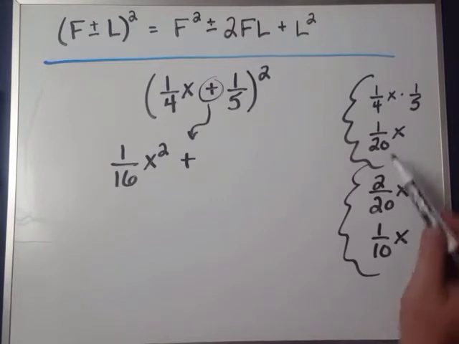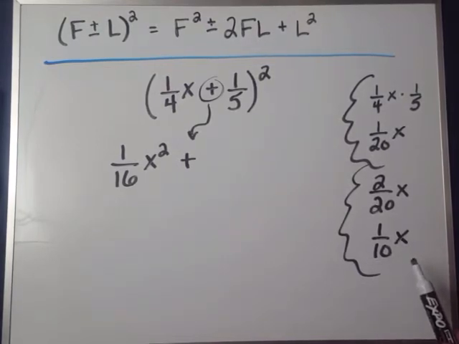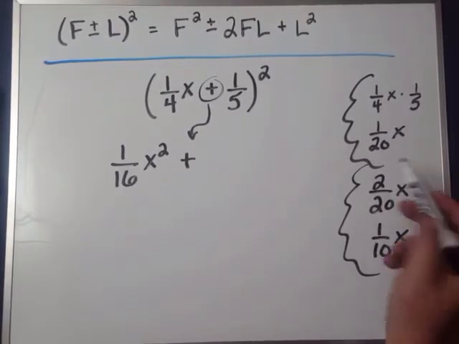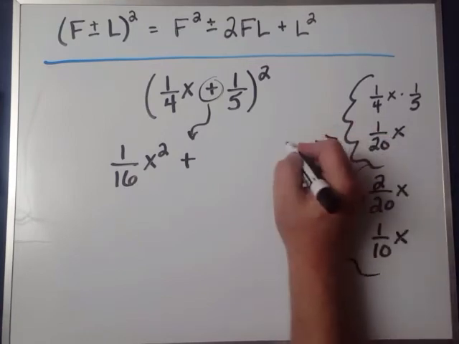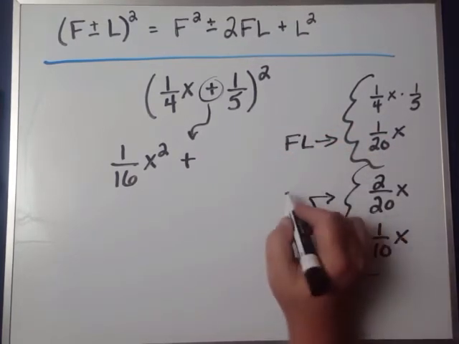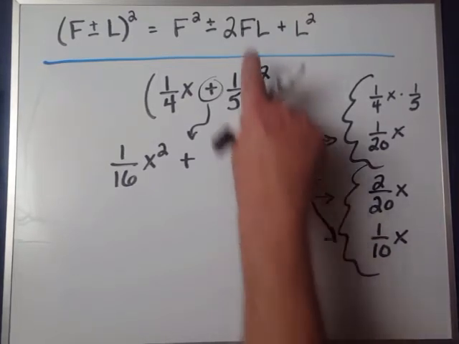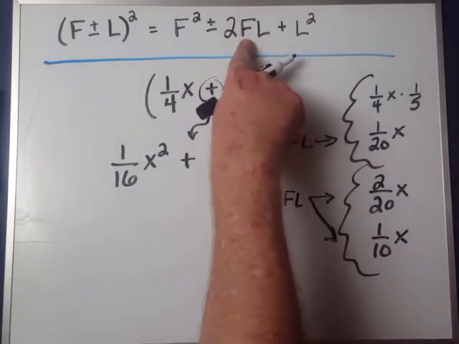Also realize, anytime you double a fraction, you're just cutting the denominator in half, right? Every time. So, this was our first times our last, and then we doubled it. So, double the first times the last.